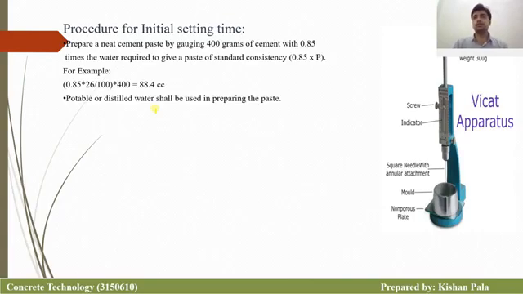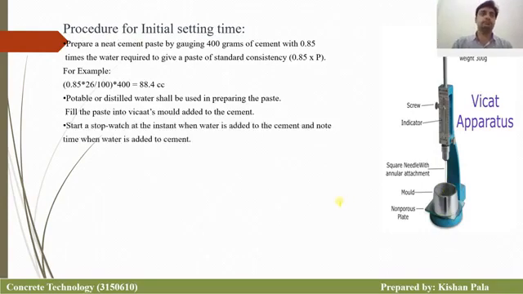Next, you have to use distilled water for preparing the cement paste. Next one is you have to fill your cement paste in the mold. You can see in the figure this is the mold and we have to put our cement mass in this mold. Clear? This is the Vicat mold.